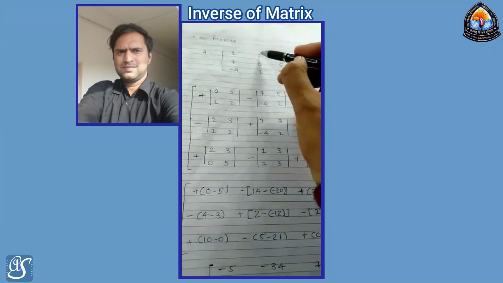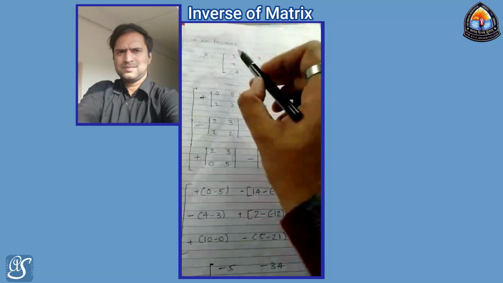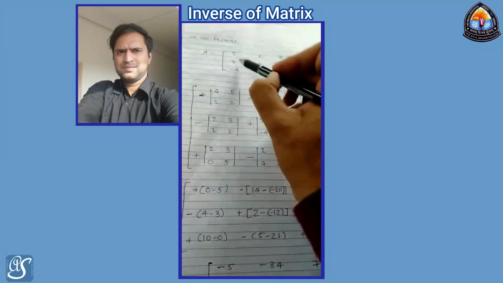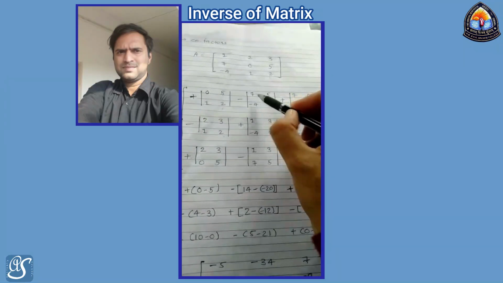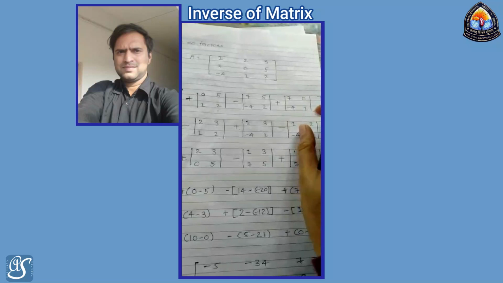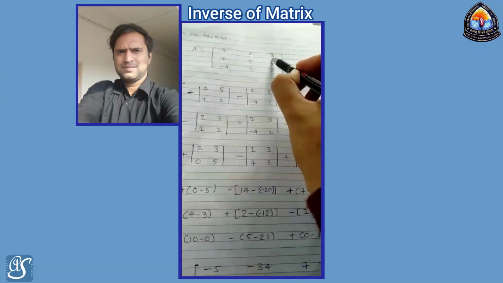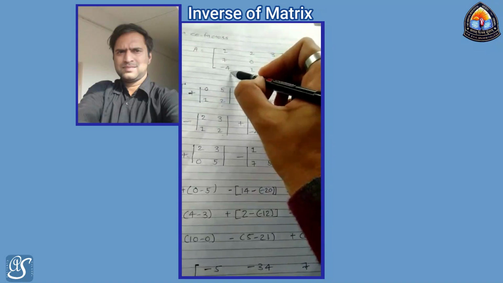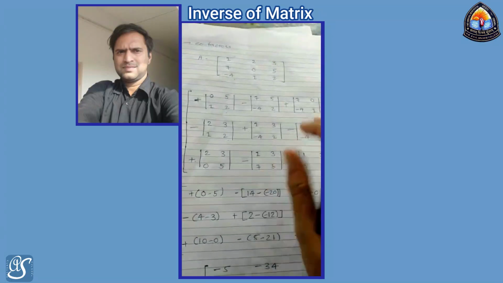For 2, hide the column and row which belong to 2. The remaining numbers are 7 -4 5 2. So write here 7 -4 5 2. For 3, hide the column and row which belong to 3. The remaining numbers are 7 -4 0 1. So write here 7 -4 0 1.